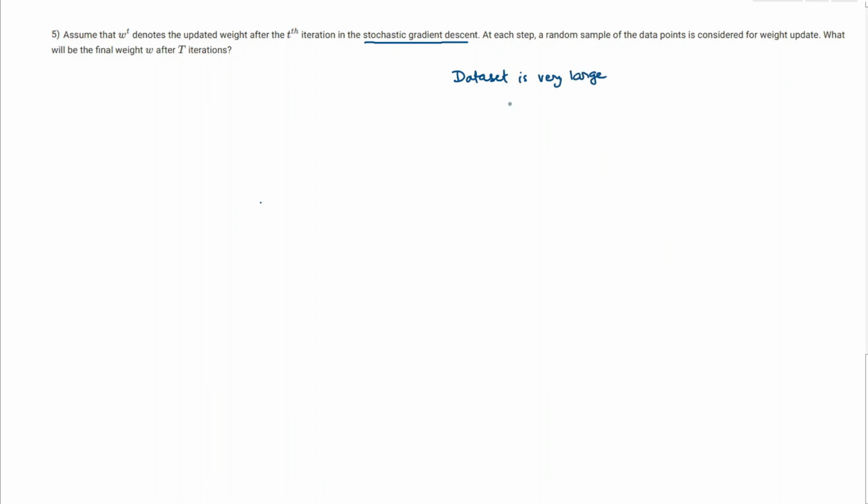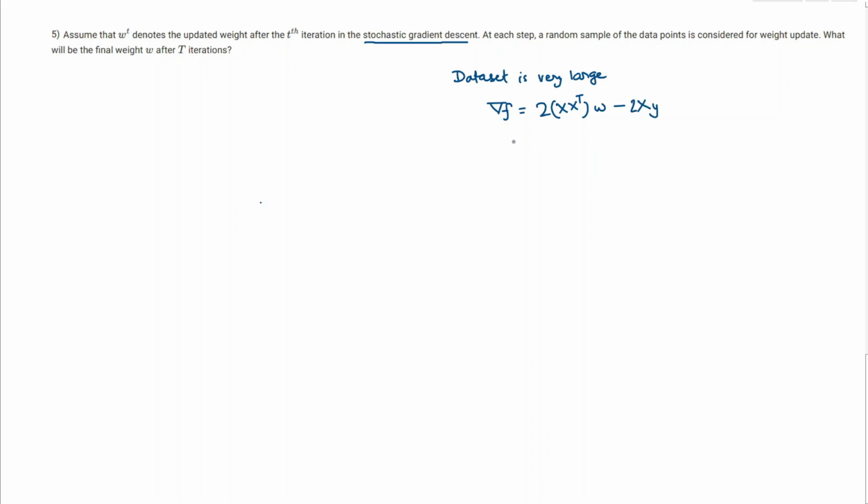So the issue here is that typically the gradient of f will be 2 times XX transpose times W minus X times Y, that is, 2 times X times Y, right?